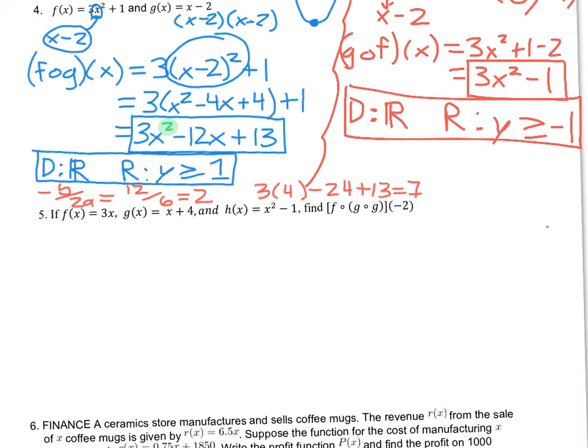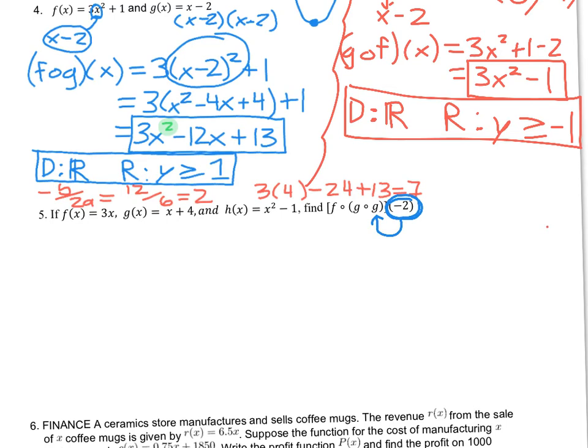Alright. So as you can see in the last problem, it's a lot of work to plug in one function into another. It's actually a lot easier if you're given a number to plug in instead of just having an x right there. So the shortcut for this one is to work backwards. Take negative 2, plug it into the g of x equation.